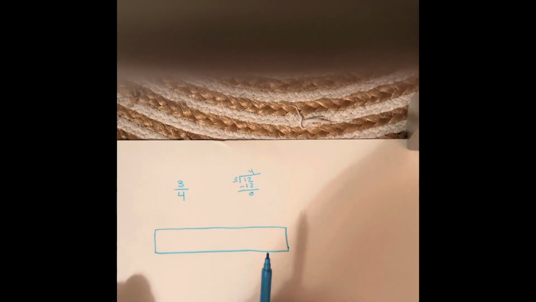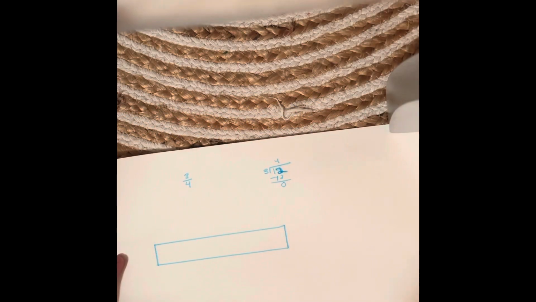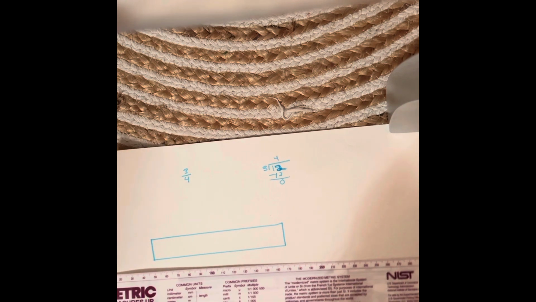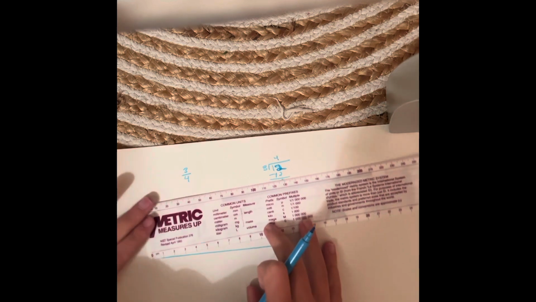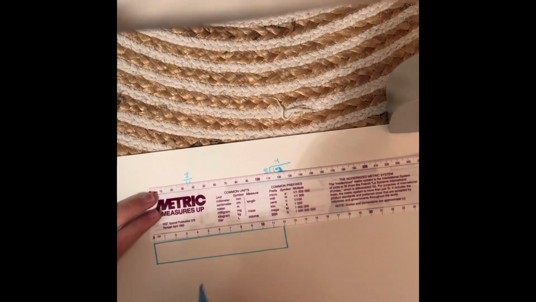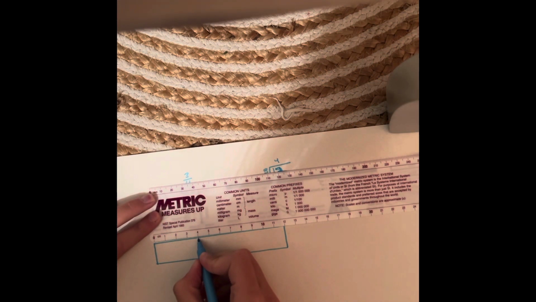So what we're going to do is divide it into 3 equal parts of 4, because 12 divided by 3 is 4. So we take our ruler and we mark a 4 here.